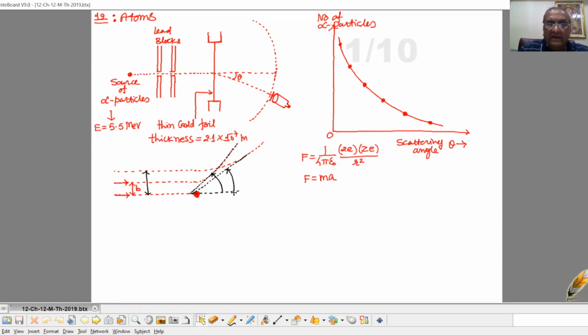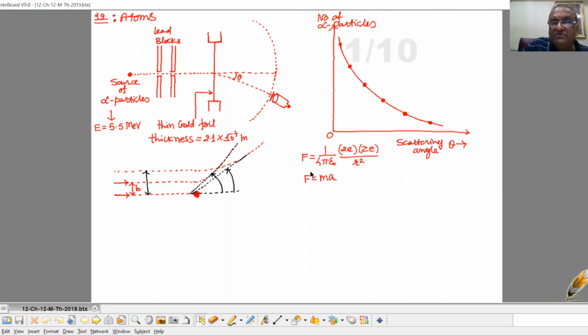Okay, and see here, actually in the text it is not given to you, but Rutherford derived the equation for the number of alpha particles scattered at different angles, and he used Newton's law of motion, F equal to ma, the second law of motion, and Coulomb's law.